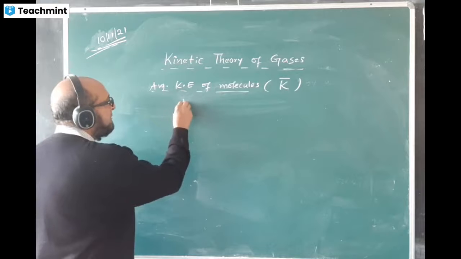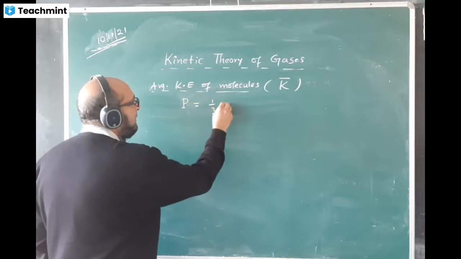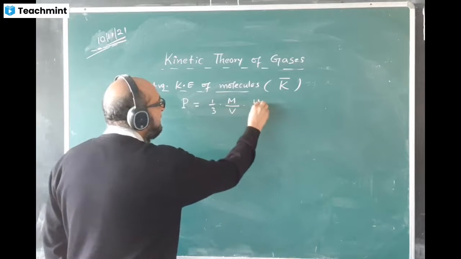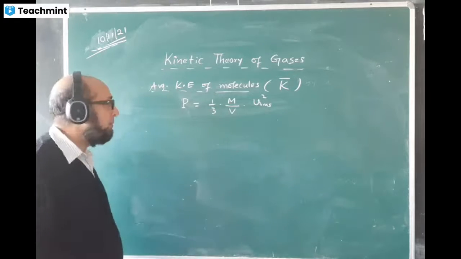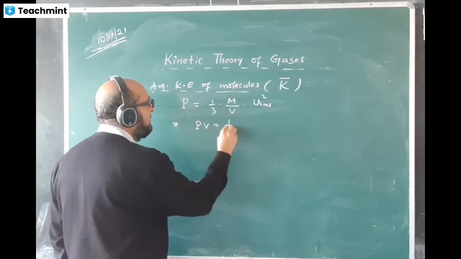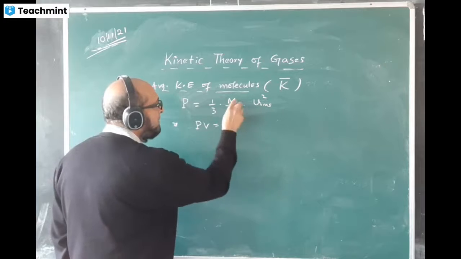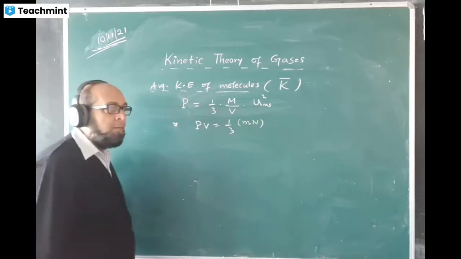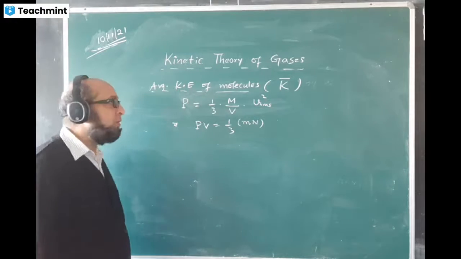I have given the formula, the same formula you can start with. P is equal to 1 by 3, and instead of rho I'm writing M by V, mass by volume, times V_RMS square. This PV I'll take this side. PV is equal to 1 by 3, and this M is actually m into N, mass of each molecule into N, the total number of molecules.